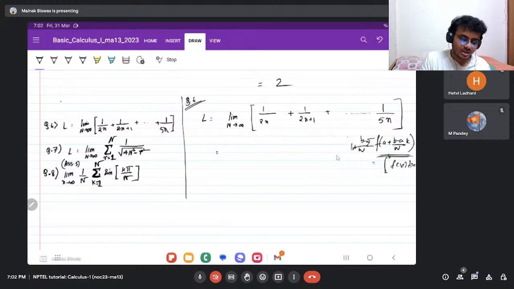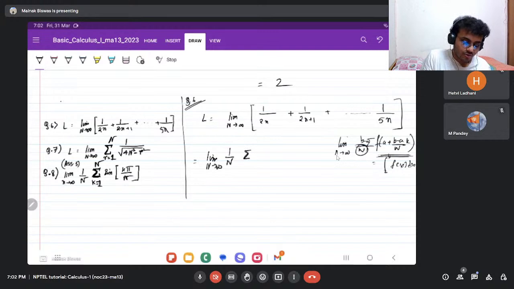Let's see, I think as we solve it, it will become simpler. So what will we try? We will try to take 1 by n outside. So what is the first step? Try to take 1 by n outside. I took 1 by n outside, right?